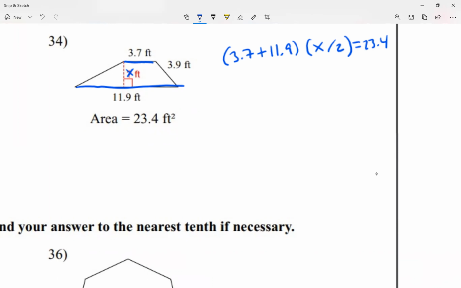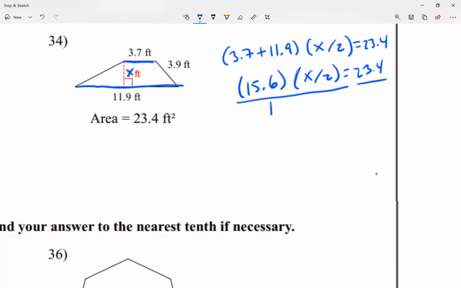So 3.7 plus 11.9, let me call this 15.6, times x over 2 is equal to 23.4. Let me divide both sides by 15.6. Let me cancel this parentheses here. So I have x over 2 is equal to, let's see, 23.4 divided by 15.6 is 1.5.